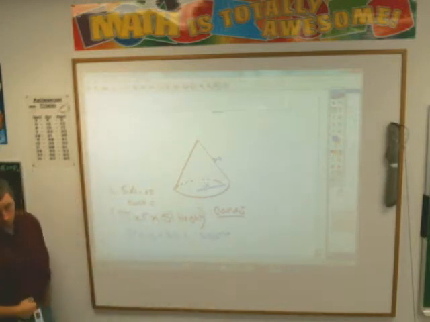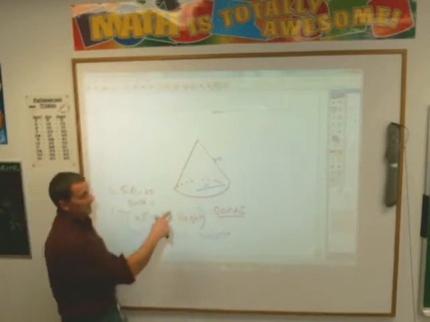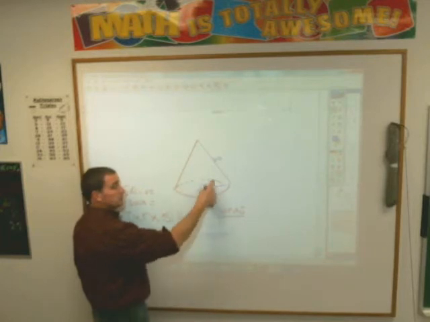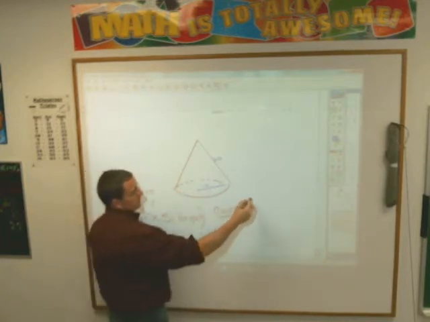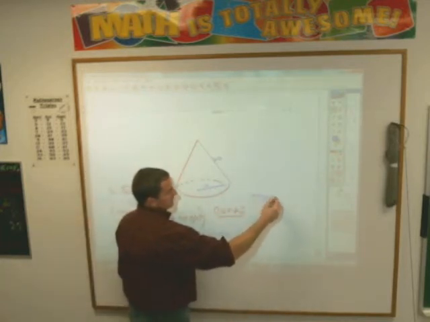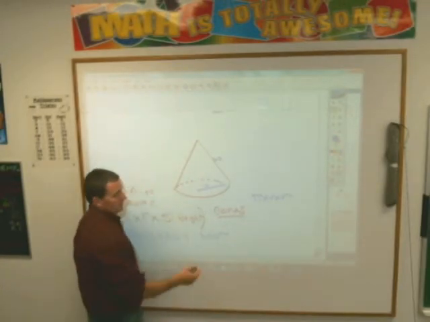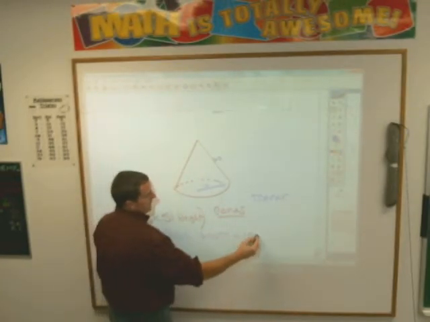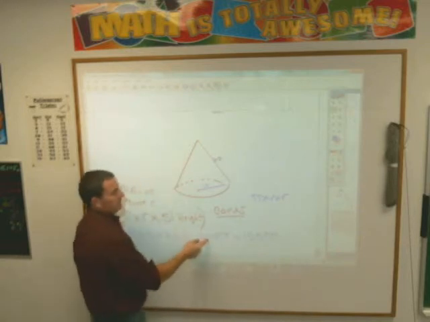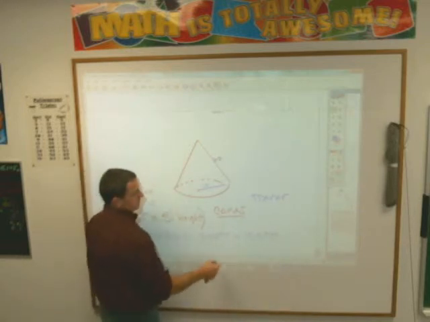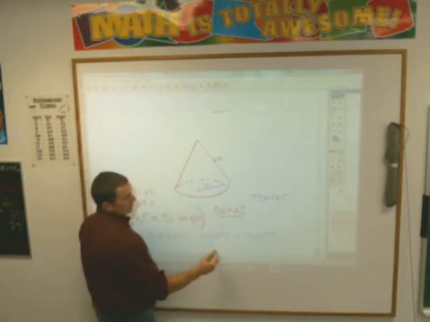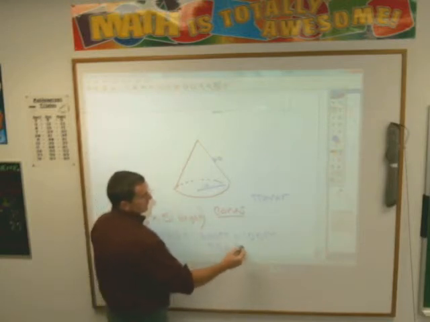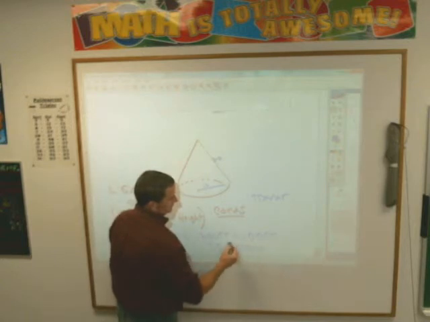Now, if you wanted the total surface area, you then would have to add the area of this bottom circle, which we didn't count, which is what? Pi times radius times radius. It's another 100 pi's. If I made 200 pi's and then I made another 100 pi's, the total surface area is going to be 300 pi's.